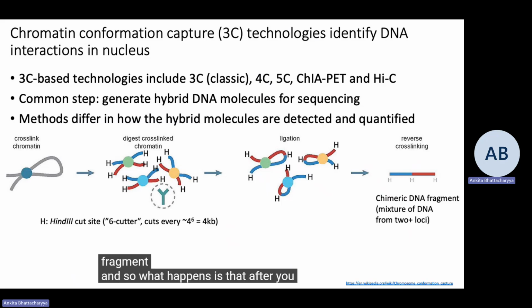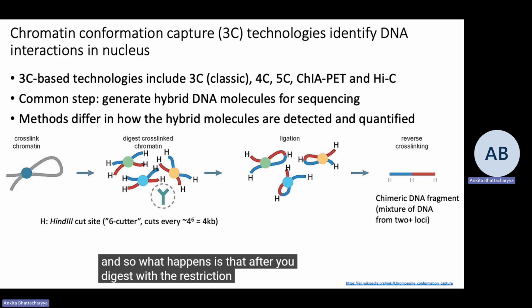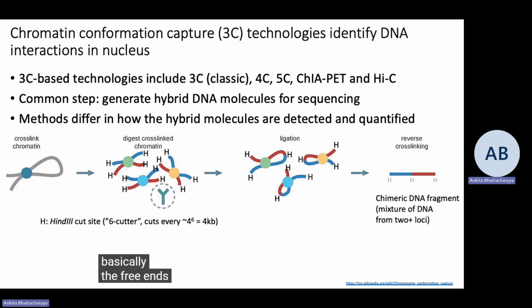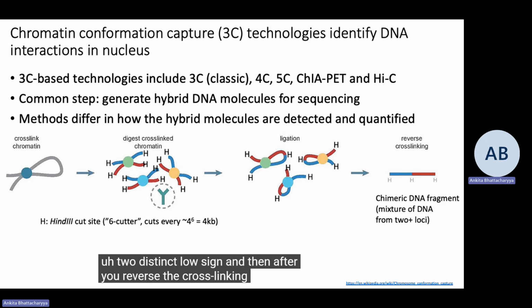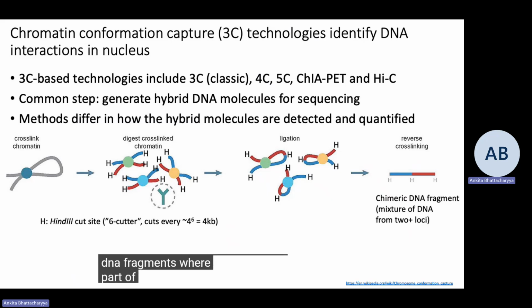After you digest with the restriction enzymes, you then perform a ligation step where the free ends can ligate together from the 2 distinct loci. Then after you reverse the cross-linking and purify, what you end up with in principle is a lot of what's called chimeric DNA fragments, where part of the fragment comes from one genomic locus and part of the fragment comes from the other.